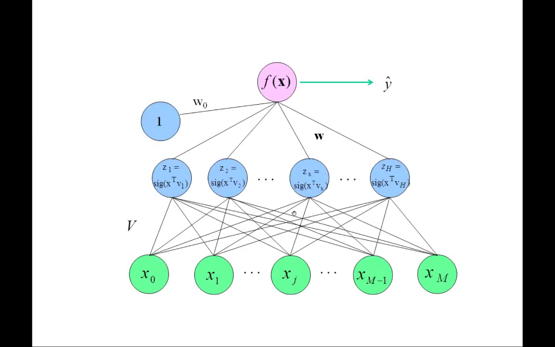So this is how it looks like in an architecture. We have m inputs as before, x naught, which is the constant, x1 to xm. And here this is now a real sort of weighted input construct, like in the perceptron.